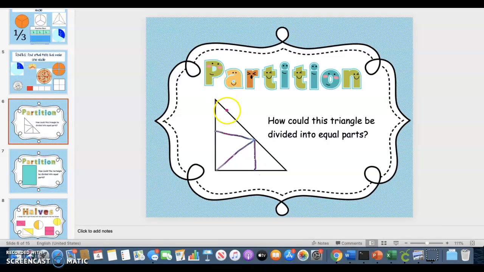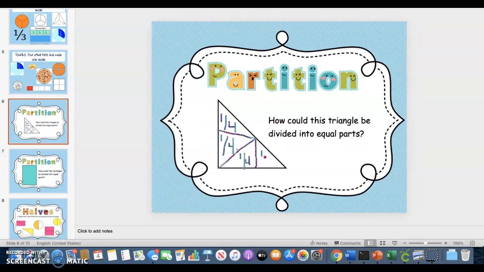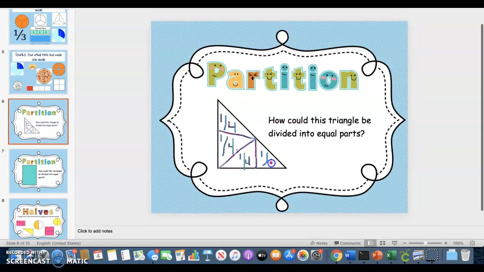It's not super straight lines, but we've got 1/4 plus 1/4 plus 1/4 plus 1/4. It's 1/4 each, and they all make one whole. Whoops, that is not neat.